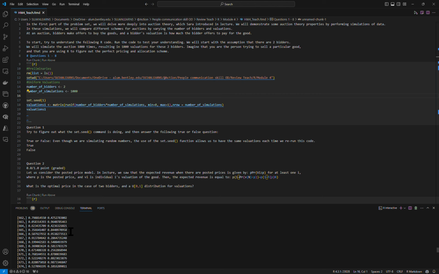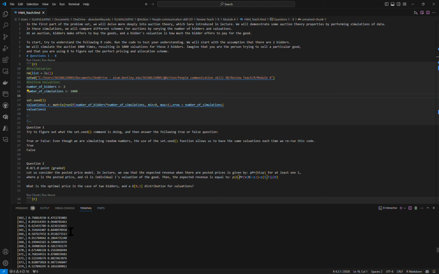This is true because the job of set seed is to make the code repeatable, verifiable, reproducible, that's a good word, such that it can be validated next time we run the code. If you do not set a seed, then each time we run the code, we'll get different valuations and we're not able to validate our answer.